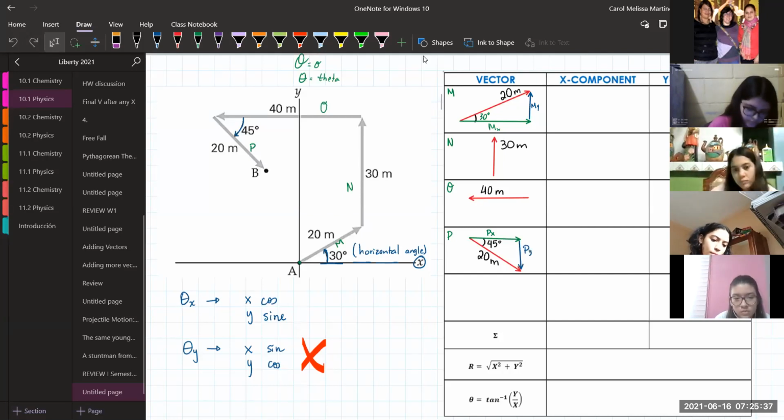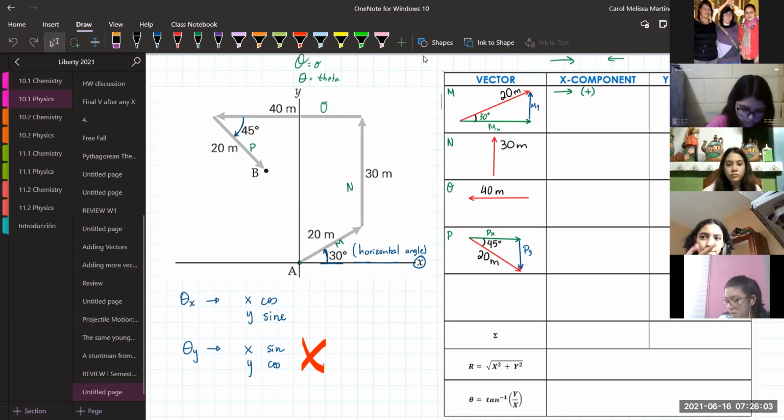This defines the sign that each component is going to have. Remember this: to the right means positive, and to the left means negative.